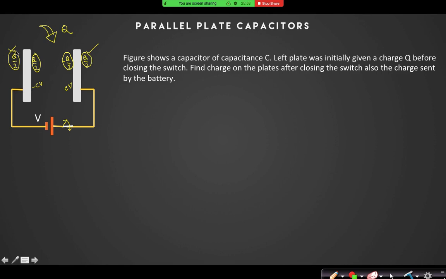Now what is the total charge on the left plate? If you see, the total charge on the left plate will be minus CV plus Q by 2, and the charge on the right plate is CV plus Q by 2.